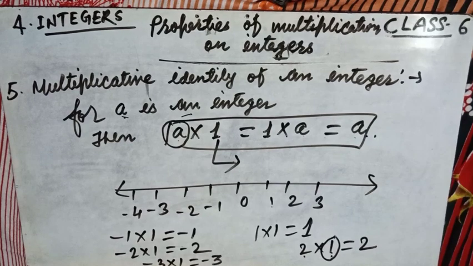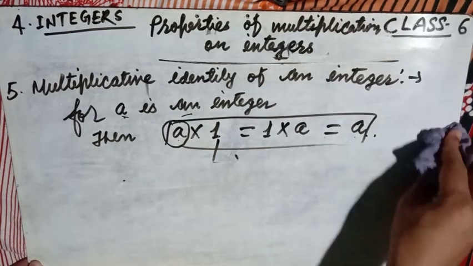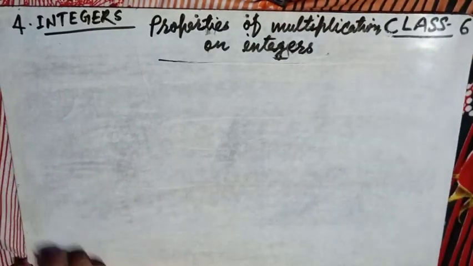We can say that for all integers, 1 is the multiplicative identity. Hence we can say 1 is the multiplicative identity for all the integers. 0 multiplied by 1 is equal to 0.